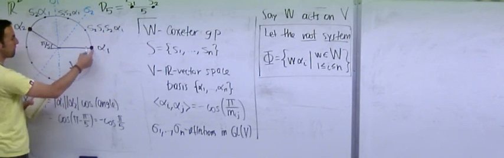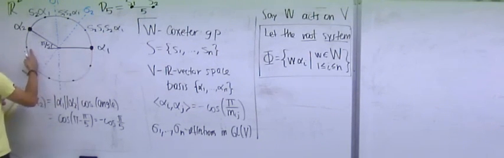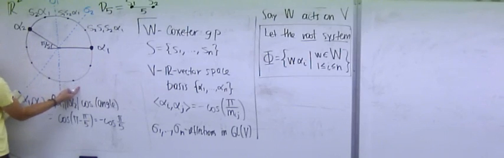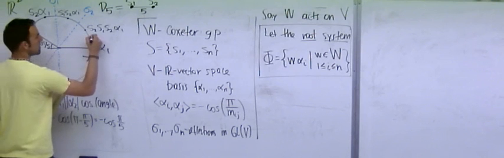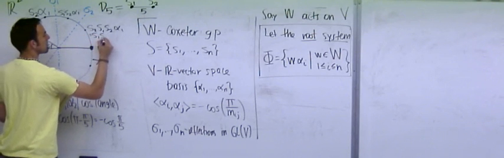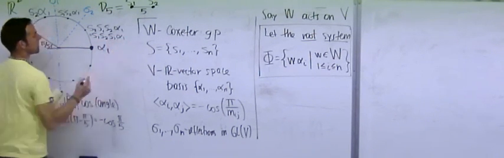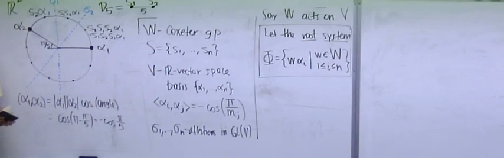If I reflect across S1, then across S2, then across S1, I better land here. And I will, so you can check that if you do the operations in this order, you will get the same point.